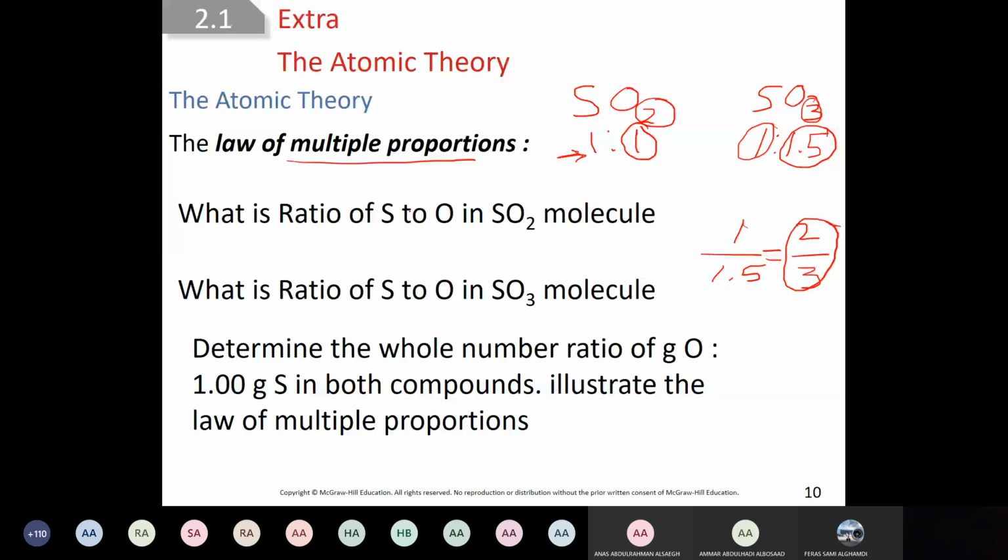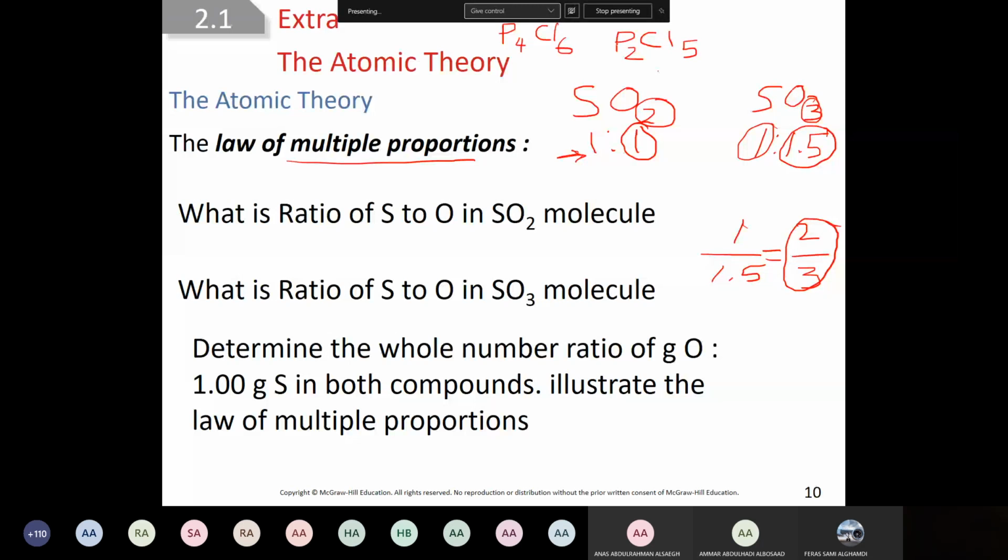Now, let me give you another example. If I give you P4Cl6 with P2Cl5.